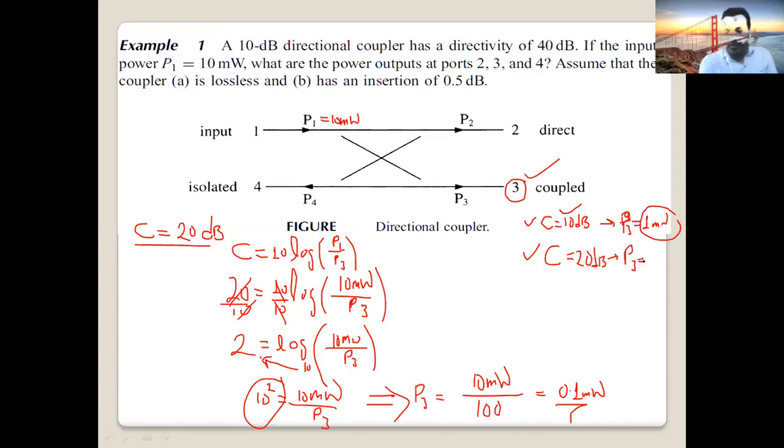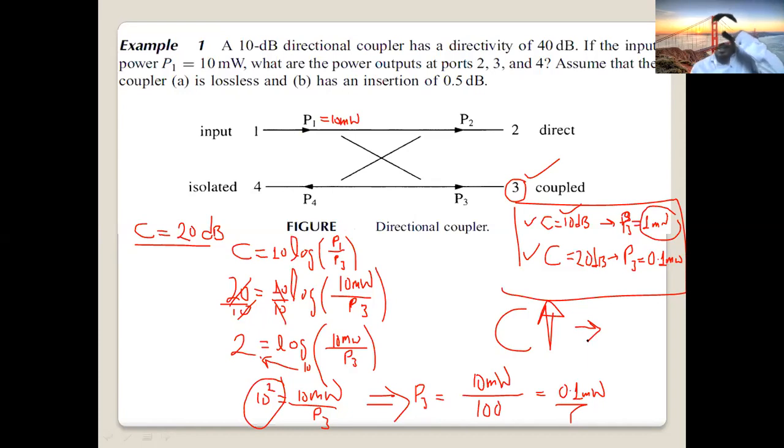P3 will be only 0.1. Very small amount of power is sampled. So what do you understand from here? As C increases, sampled power decreases. Okay, P3, sampled power or coupled power, decreases.